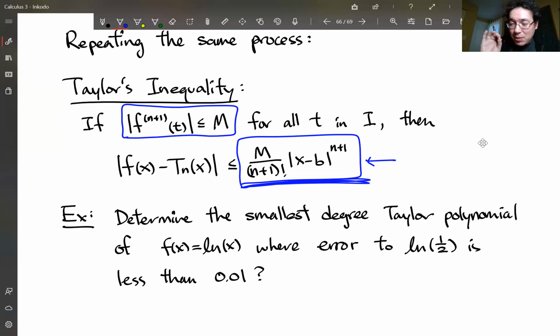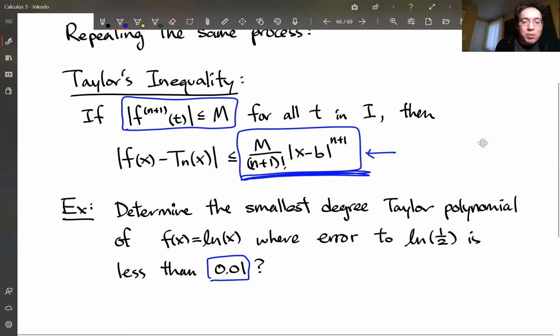Specify the error, specify the tolerance that you could use for your application. So let's say you want the error to be no bigger than 0.01. That's the worst case scenario. How many derivatives do I have to take to get this approximation? So that's what I'm going to work out.